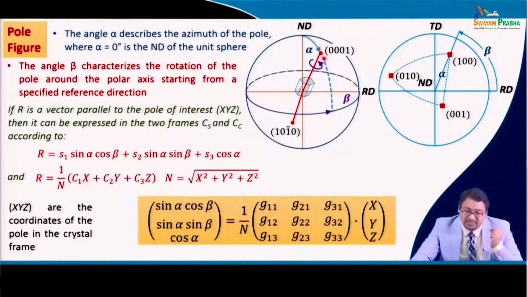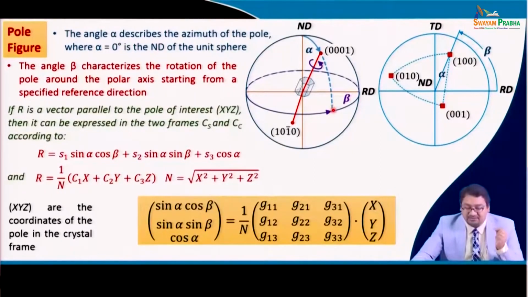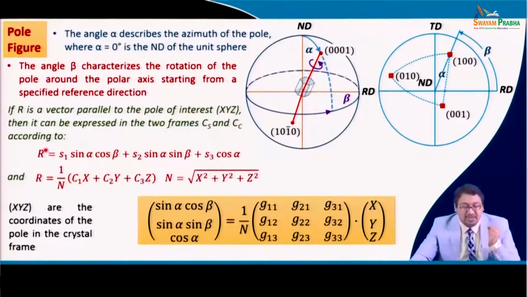So it will be sine of alpha and then sine of beta. Then plus S3, which is with ND, and that is S3 cos of alpha.